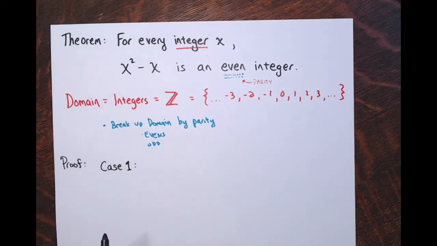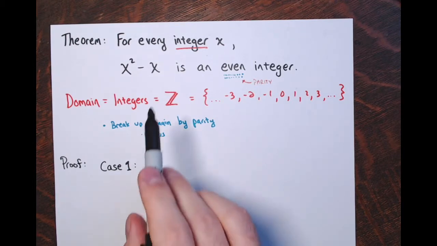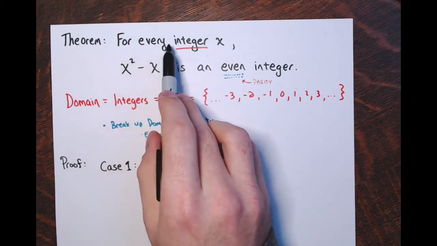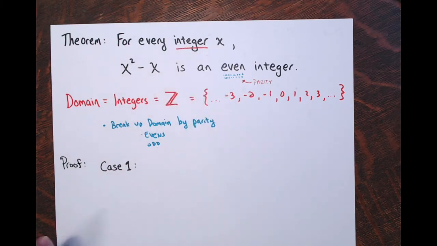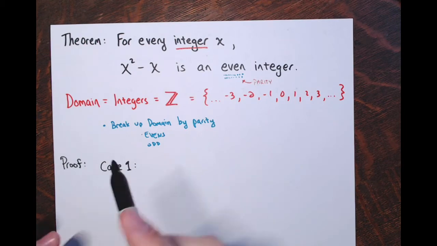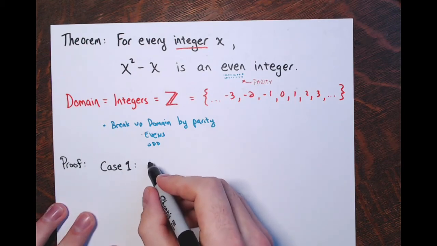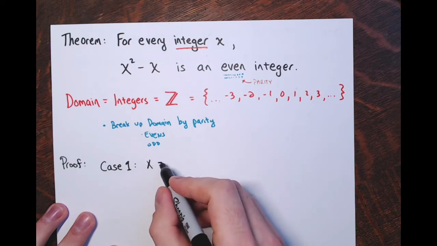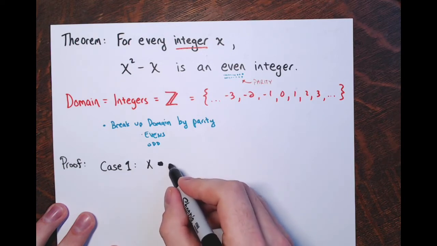And this is like a mini proof, a proof within a proof. Case 1, this statement's about every integer x. Well, what if we just look at the case where x is an even integer? So I'm going to write case 1, when x is, well, I'll write it out in words first, when x is even.